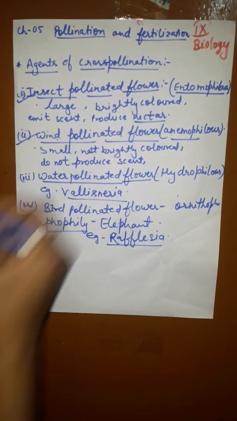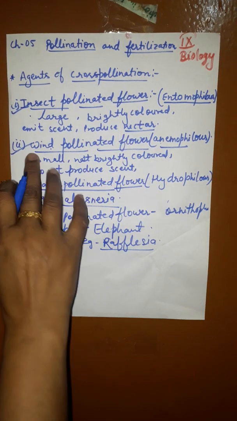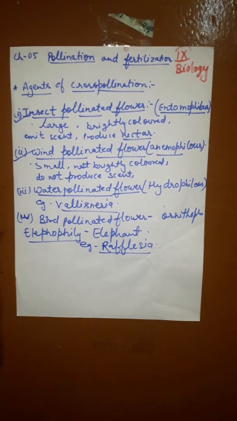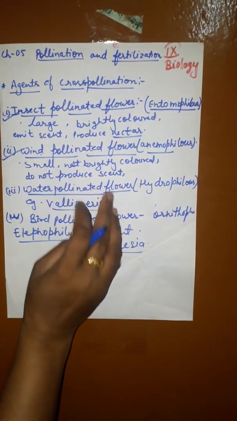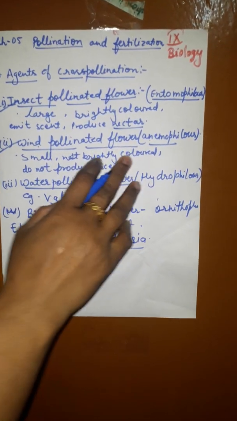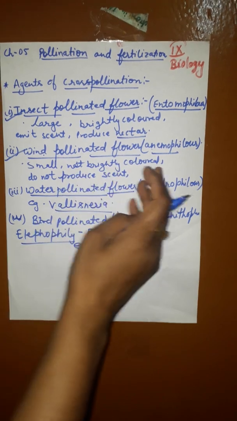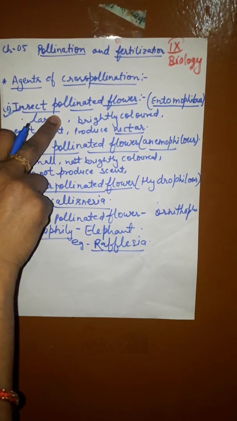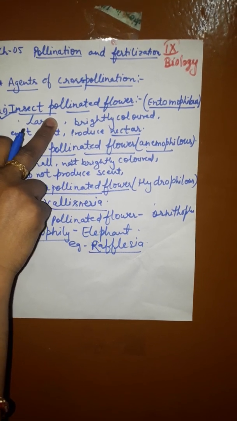Now, what is the difference between the wind pollinated flower and the insect pollinated flower? Because these two are the main ones. Wind pollinated flowers are unisexual, dull colored, without fragrance and nectar. Insect pollinated flowers are brightly colored, fragrant and secrete nectar.